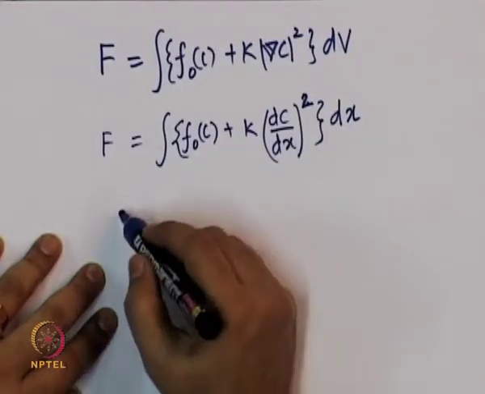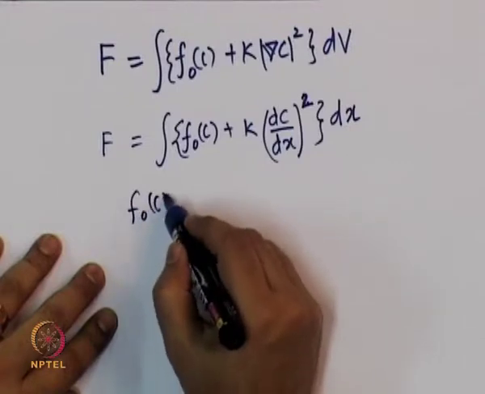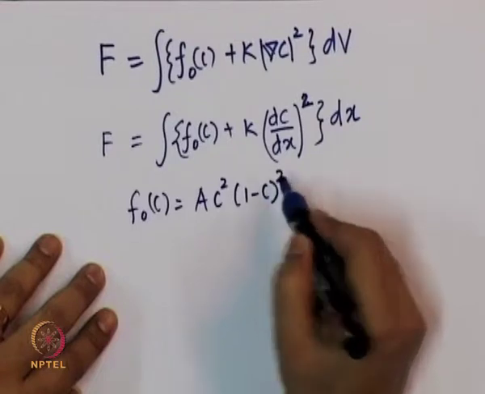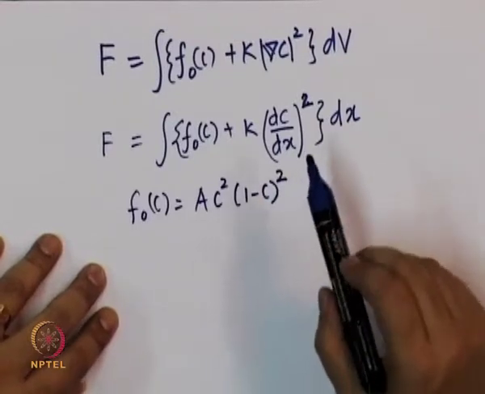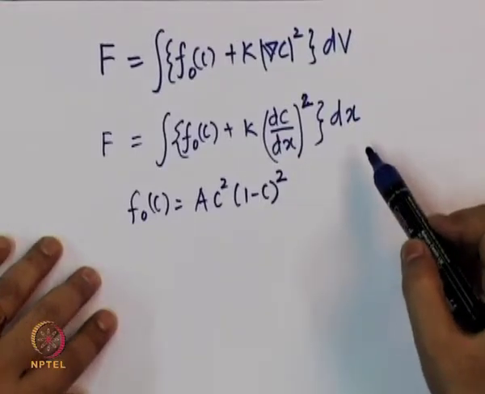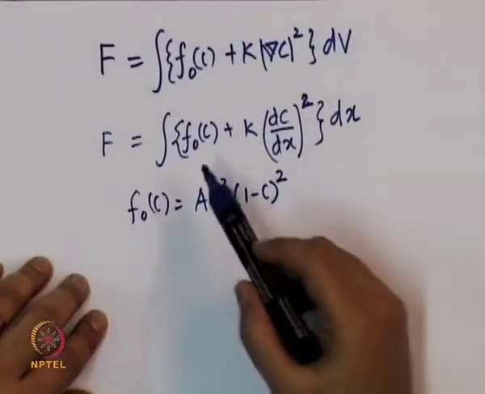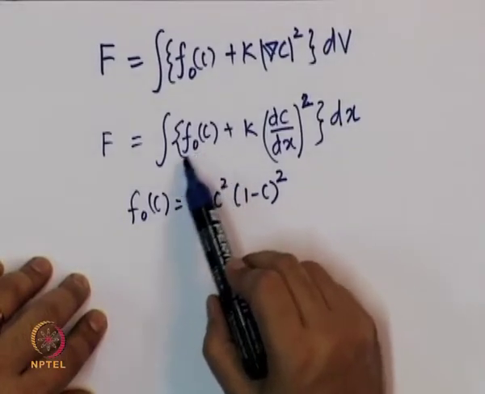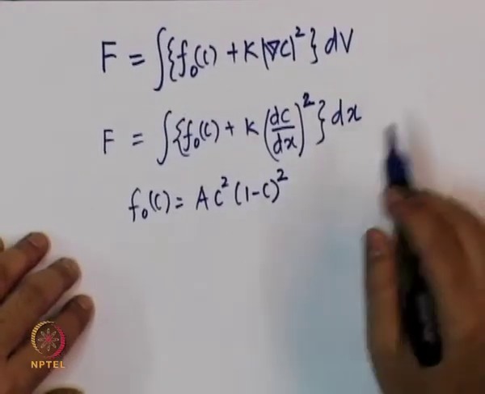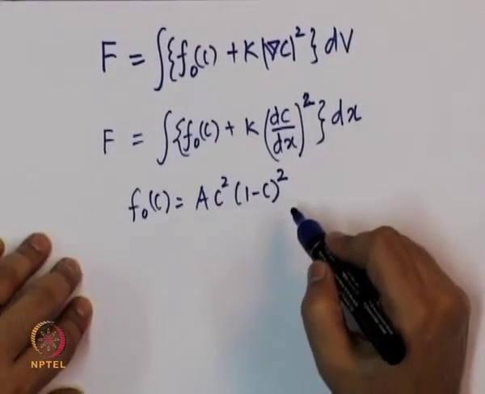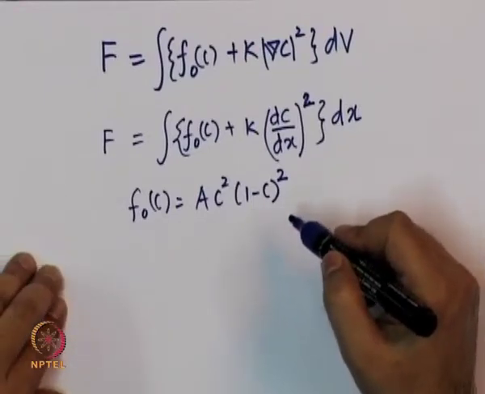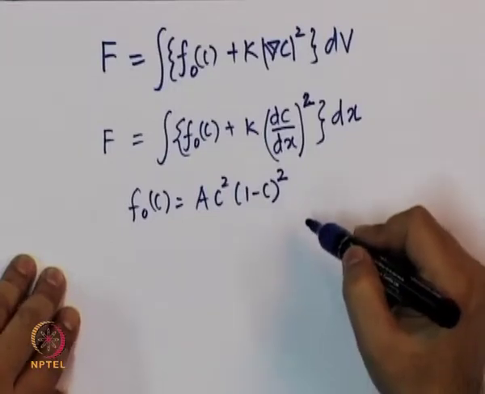This is the 1D case where f0 of c is a function that we assumed, a c squared into 1 minus c whole square. Of course, the analytical solution that we are going to derive is more general. It can also be derived for a case where we do not assume any form for f0 of c except for some boundary conditions, but we will first derive the analytical solution for this specific case, and we will come back to the more general case later after we do this derivation.